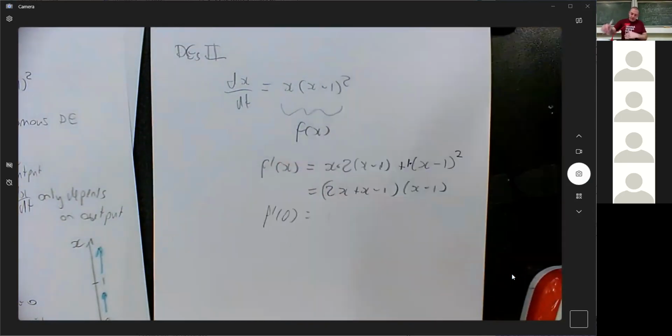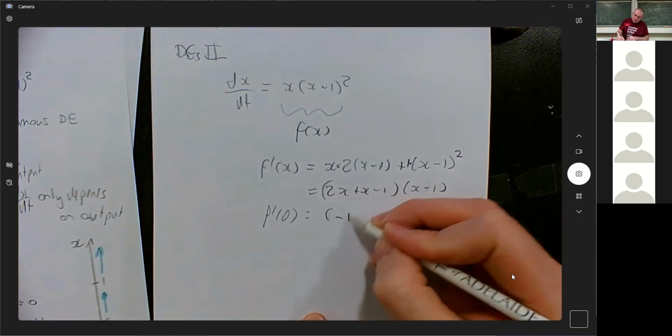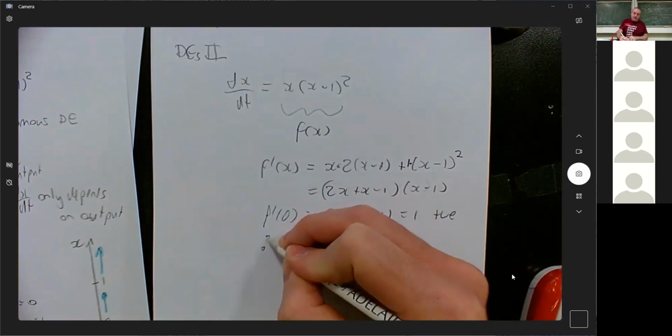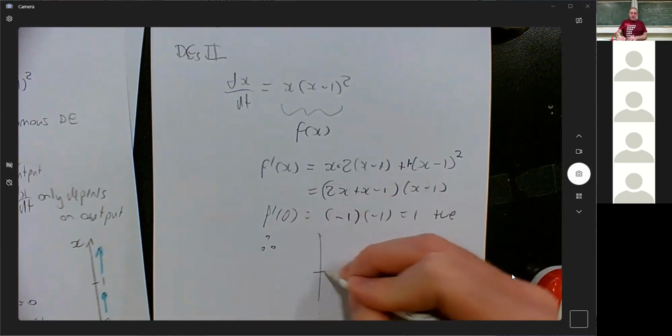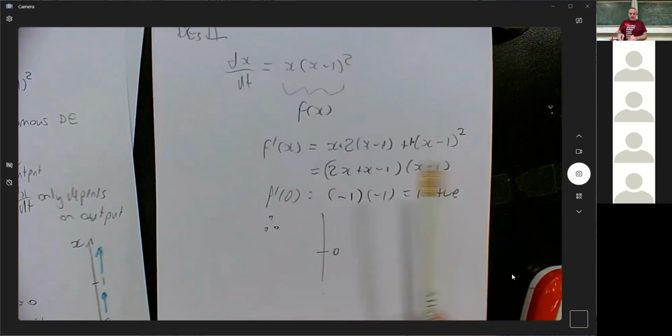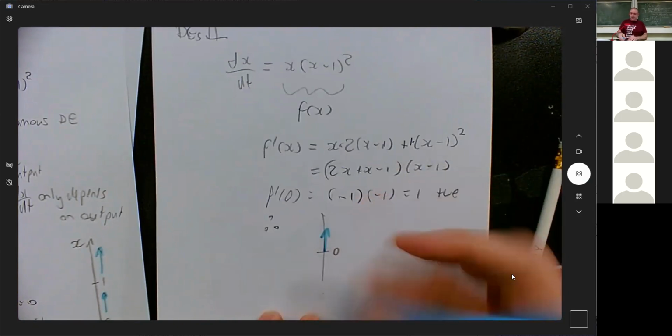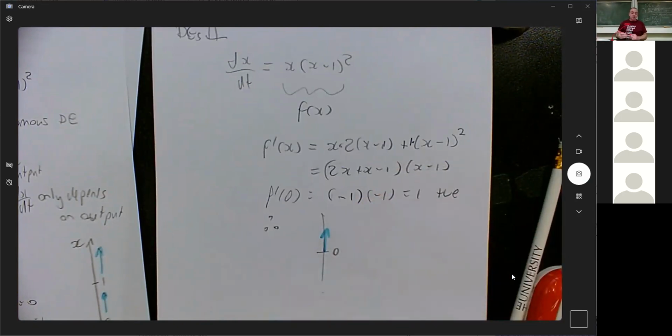So this time, when x is 0, we get -1 here, and another -1, which is +1, which is positive, and therefore the shape at this point on my diagram will be up and down, because that's what happens when it's positive.